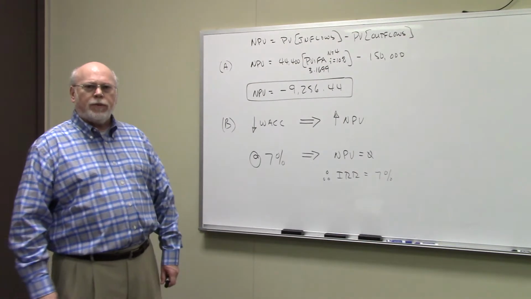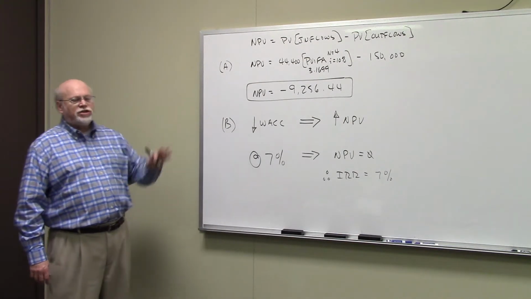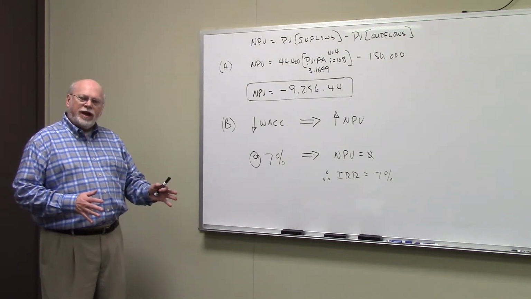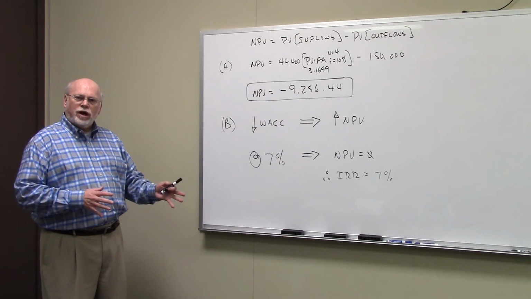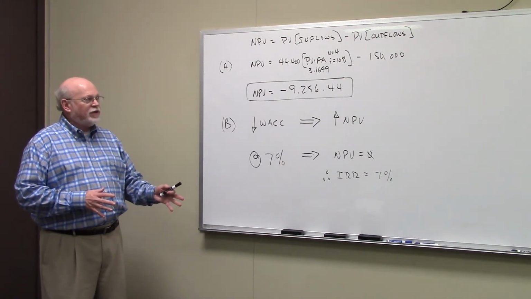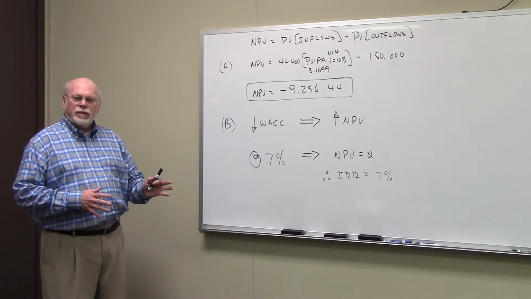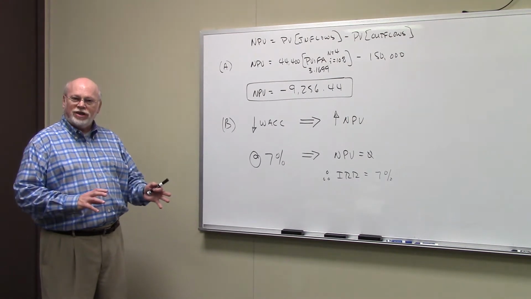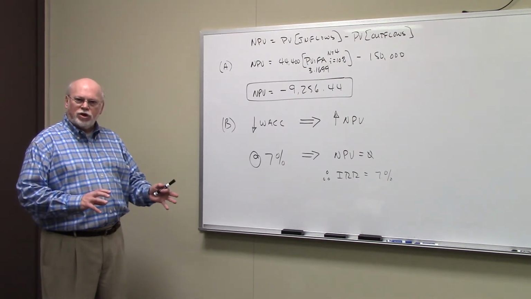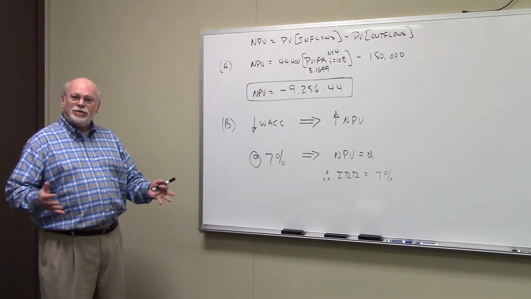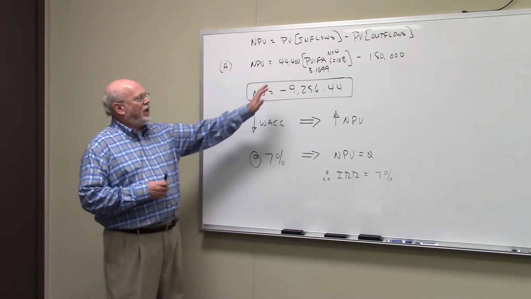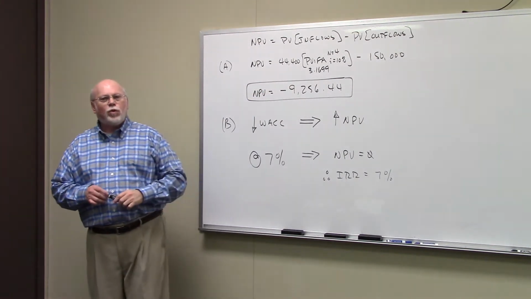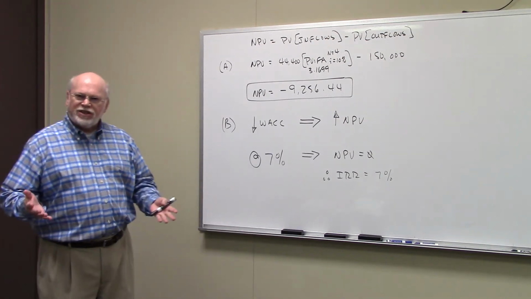In this particular problem, the cost of the asset is $150,000. If we make that investment, we're going to get $44,400 a year in after-tax cash flows for 4 years. If 10% is our cost of capital, our minimum acceptable return on the investment, would we make the investment? Well, to calculate net present value, we first find the present value of the inflows. $44,400 every year for 4 years, that's an annuity.